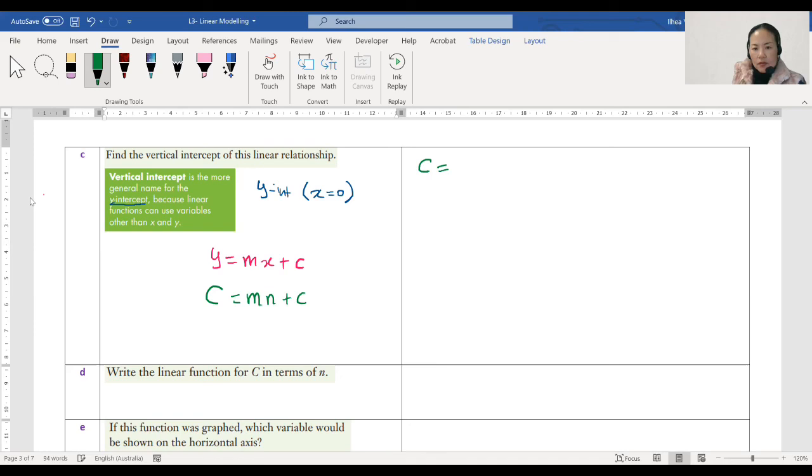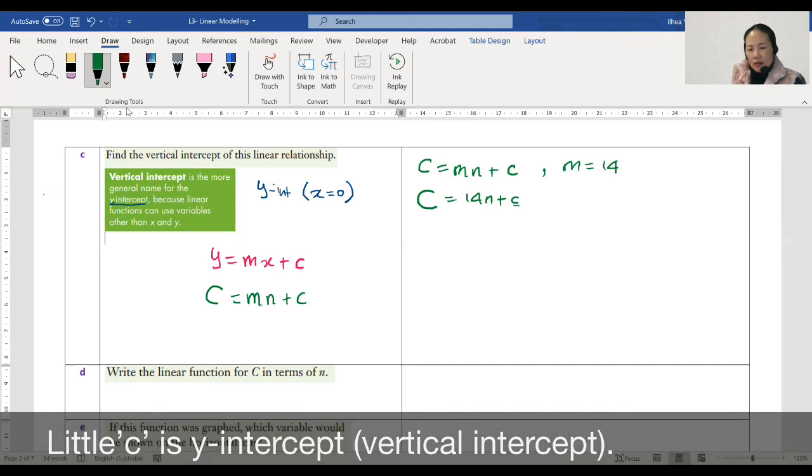So I'm going to use that now. C equals mn plus c. And my gradient was 14 from the previous part. So I'm going to put that in there, 14n plus little c. Okay, now we need to find y-intercept. But I need to know what c is. The c is actually my y-intercept.